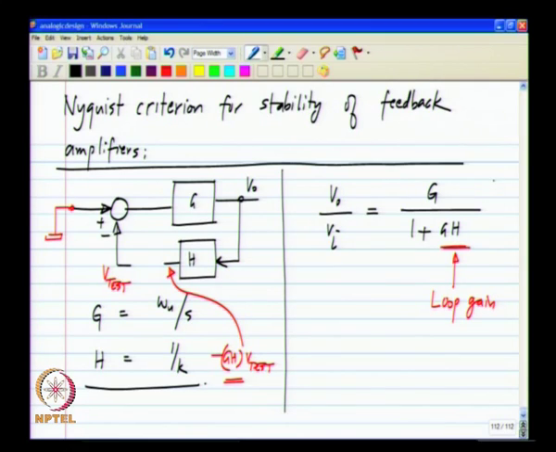Okay. So, in a very crude way we can say that stability criteria is about avoiding GH being minus 1. There is a little more to it than that, but that explains the significance of minus 1 in the loop gain. Okay.